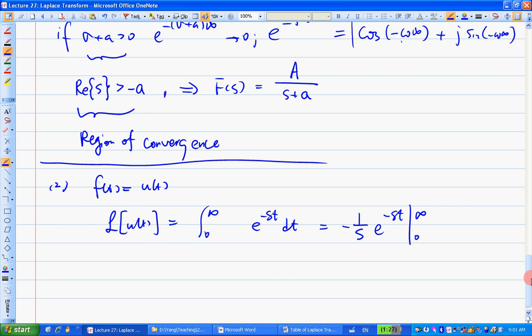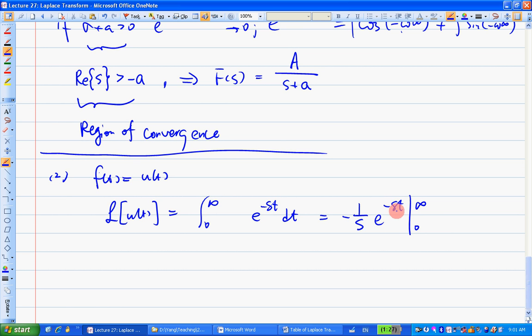Again, you can change s into sigma plus j omega, and there is this region of convergence. So you end up with just 1 over s. In this case, the region of convergence is that the real part of s has to be greater than 0. That's how you get this result for u of t.